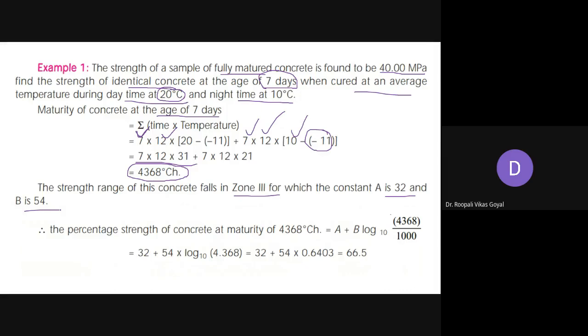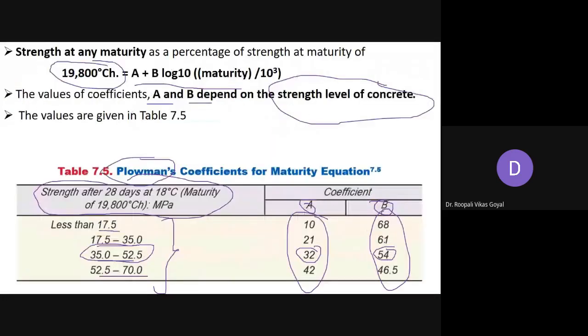Now in this equation, the percentage strength of concrete at a given maturity: if its maturity after 7 days is 4368 degree centigrade hour, then this is the percentage compared to 40. So put A value as 32, B value as 54, and log base 10 of maturity divided by 10 raised to 3.